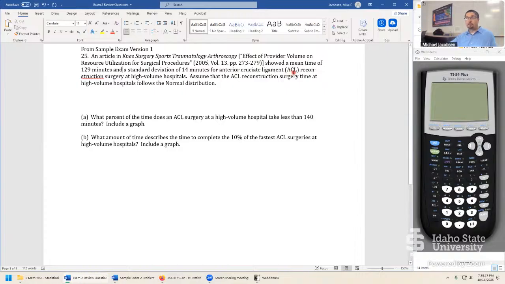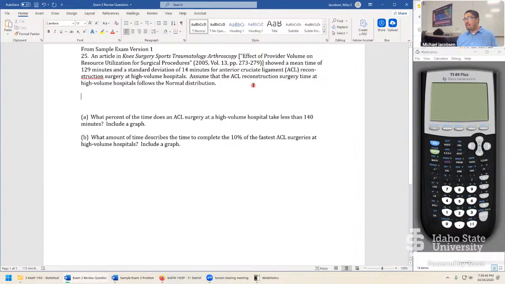So that's a bad ligament to tear in your knee, at high volume hospitals. It says next, assume that the ACL reconstruction surgery at high volume hospitals follows the normal distribution. I'll say ACL, but it's anterior cruciate ligament, probably saying this wrong.